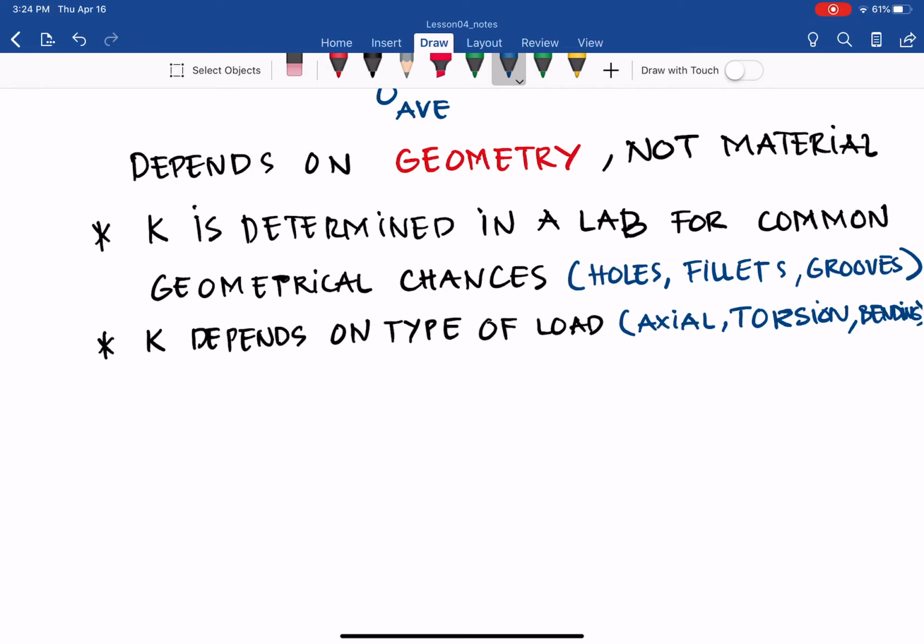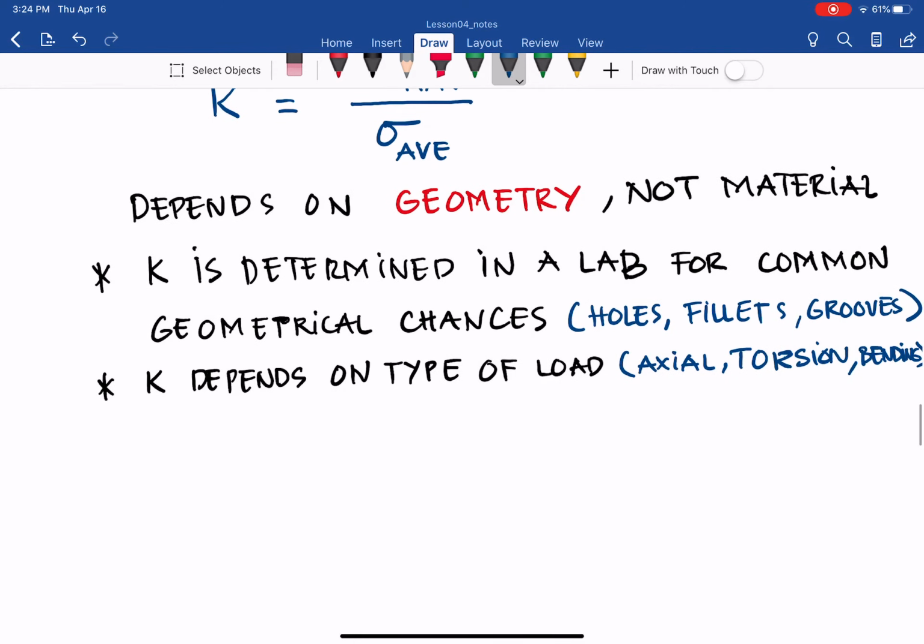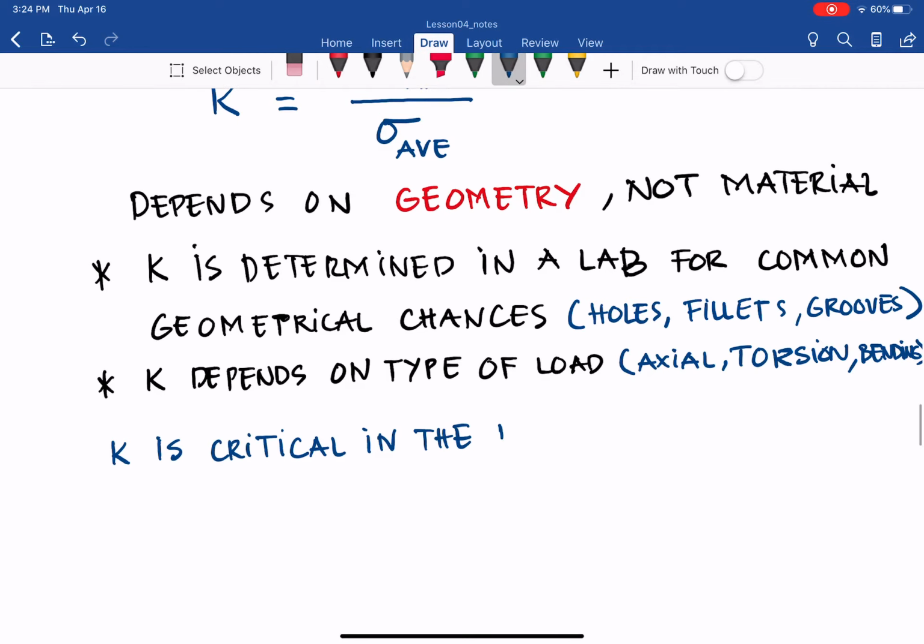So why is K important, especially in certain scenarios? Let's see, K is critical in two scenarios in the design of members.